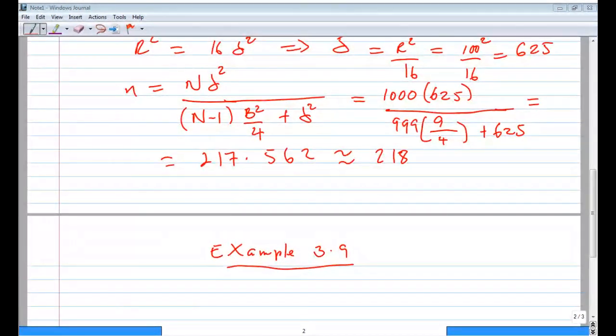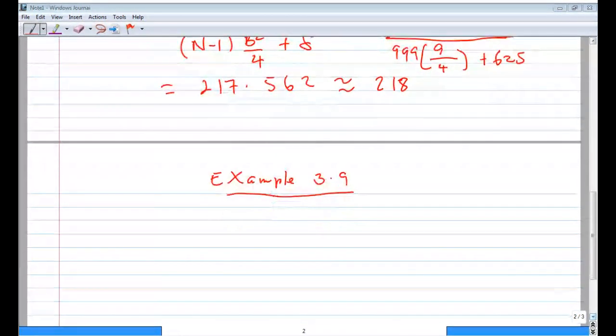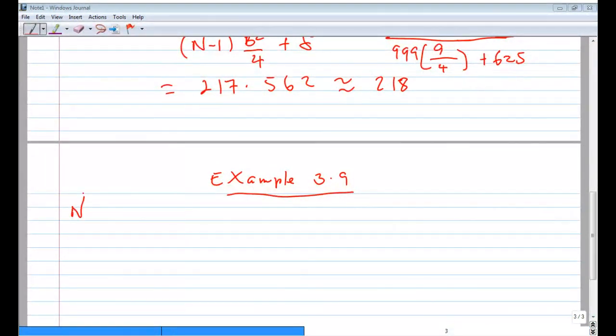Let's start with the given information so that it can be clear for us. You have been given the population size, capital N, which is equal to 1,000, isn't it?